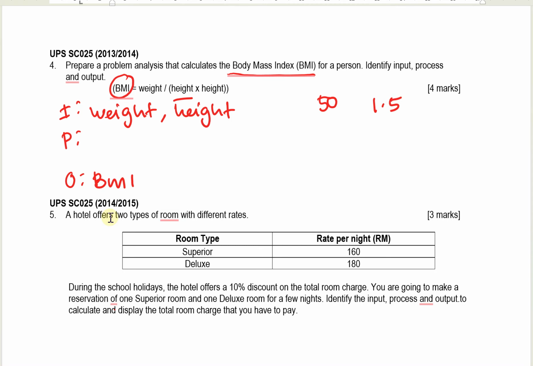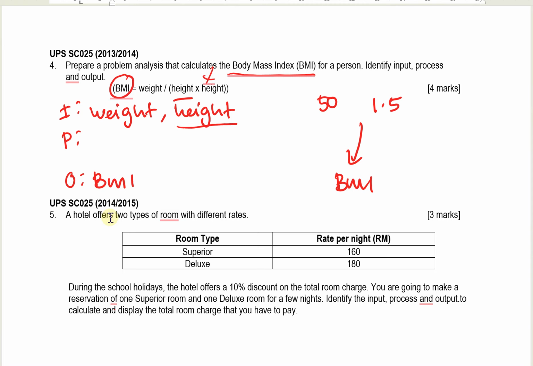So once you press enter, then the computer will calculate for you, and at the end you will get your BMI. Do you need to enter your height twice? No, you don't have to enter your height twice, only once. That's why your input here is only once.